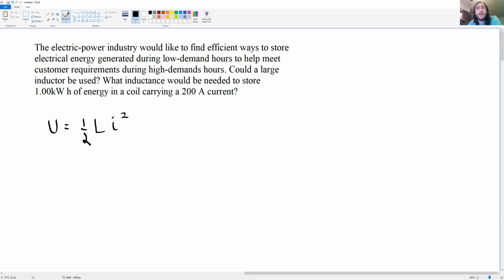And an hour is 3,600 seconds, right? 60 seconds in a minute, 60 minutes in an hour. So 1 kilowatt hour, if you want to convert between the two, is 3.6 million joules, or megajoules if you like to use the prefixes.